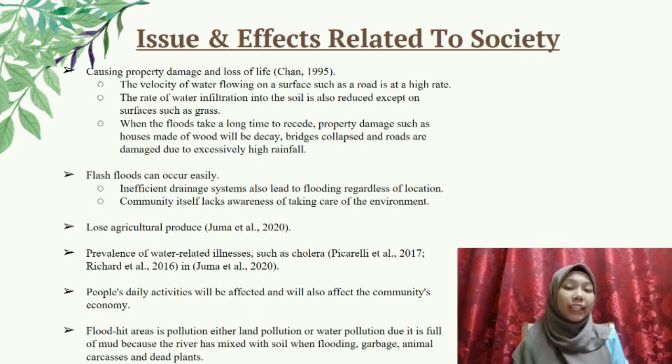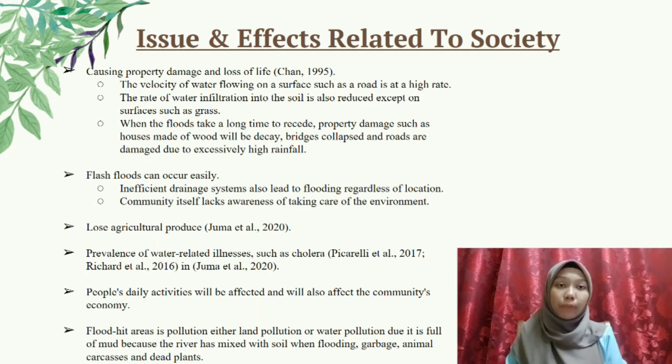Most importantly, the flood-hit areas are polluted, either water pollution or land pollution, because they are full of weeds, since the river has mixed with soil during the flood, or full of garbage, animal carcasses or dead plants. That's all from me, thank you.